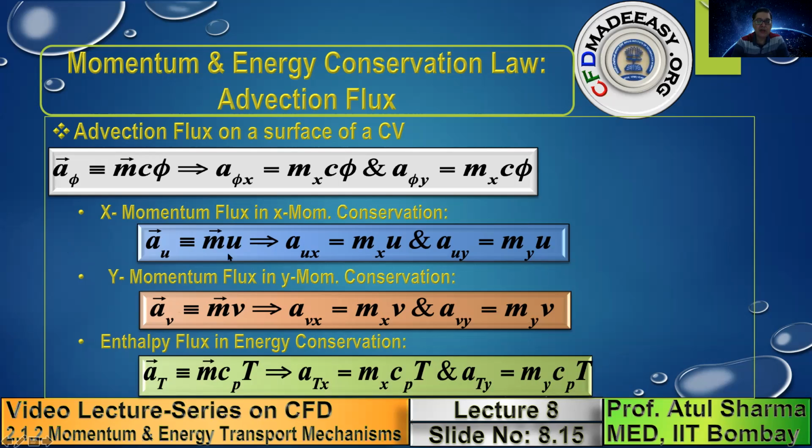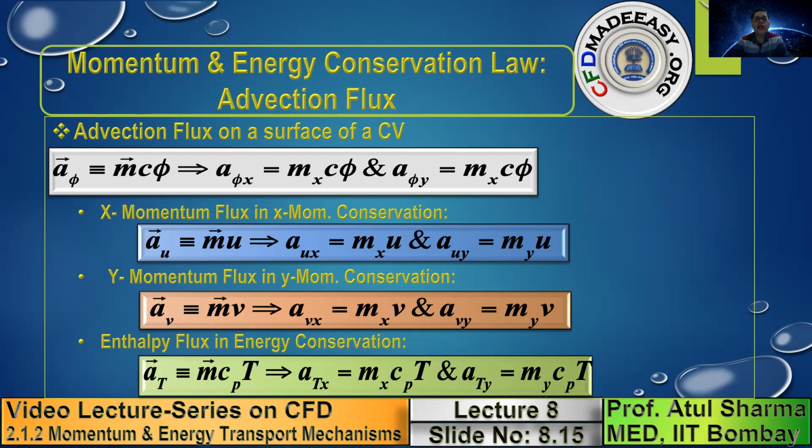In the function or subroutine, when we send phi equals u, we'll calculate the x momentum flux. When we send phi equals v in the same subroutine, we can get the y momentum flux, and for C equals Cp and phi equals temperature, we can calculate the enthalpy flux.